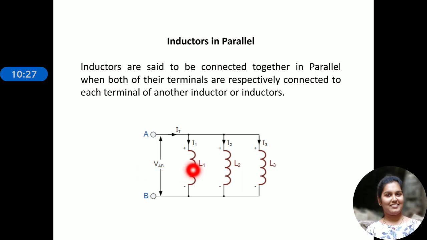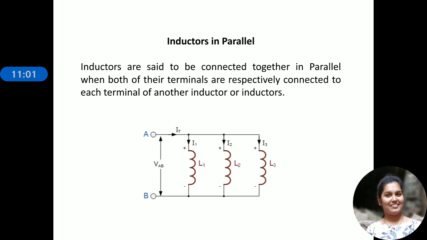So according to the point I have said, we can simply write that the voltage across all these inductors will be equal to the supply voltage, that is VL1 is equal to VL2, VL2 is equal to VL3, that is equal to VAB, where L1, L2 and L3 are connected together in parallel between the terminal points A and B.